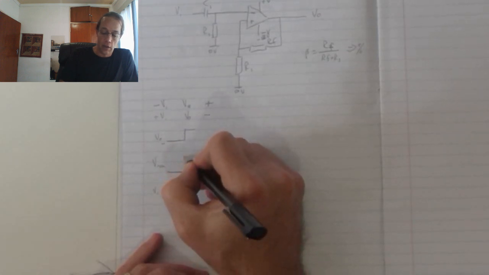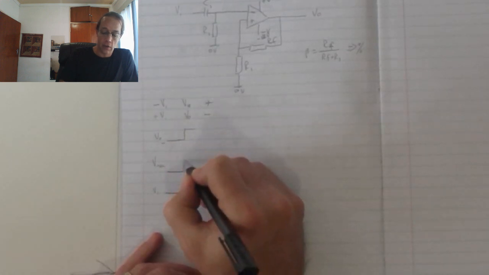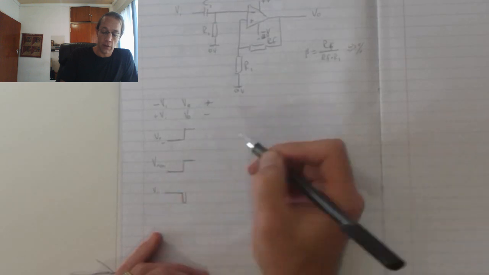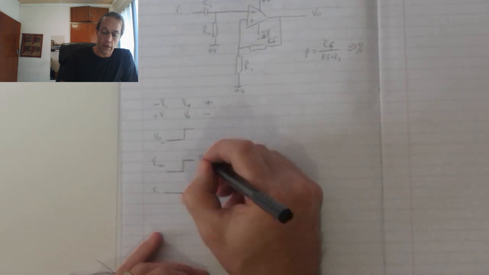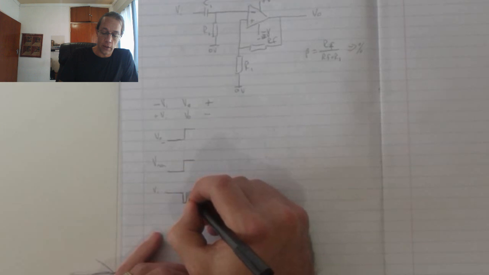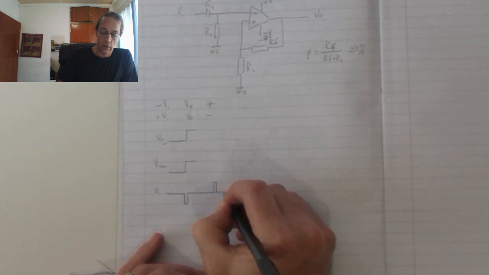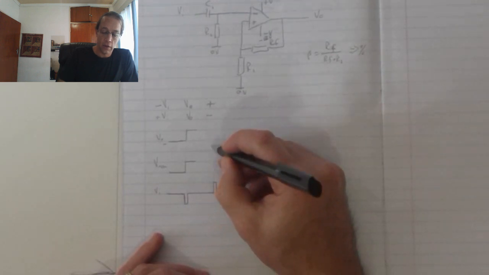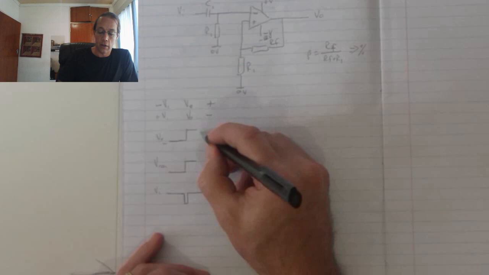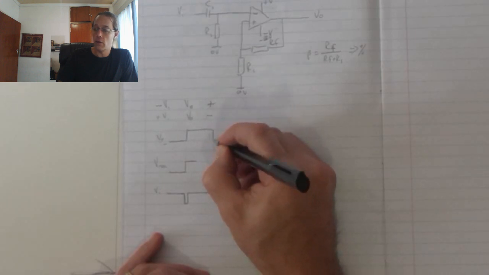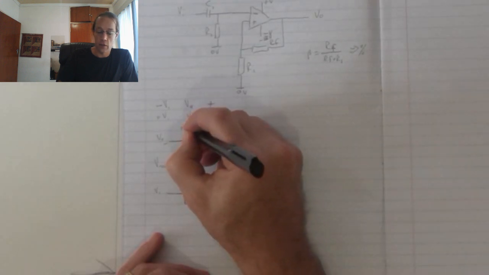As that happens, my reference voltage goes to the positive value, the positive percentage, and these will all stay there until I introduce a positive pulse onto my input. Once I introduce that positive pulse on the input, my output will switch back to the negative supply voltage.